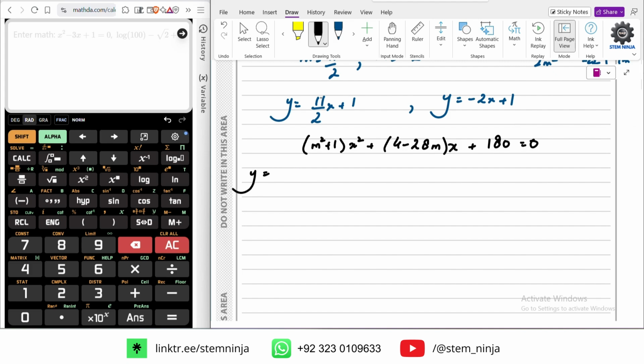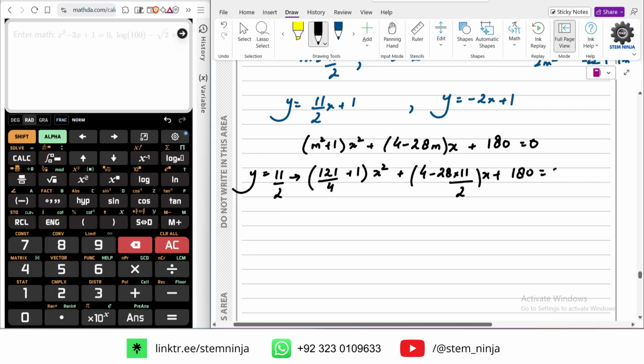So m is either 11 over 2, so you get 121 over 4 plus 1 x squared plus 4 minus 28 times by 11 over 2 x plus 180 equal to 0.